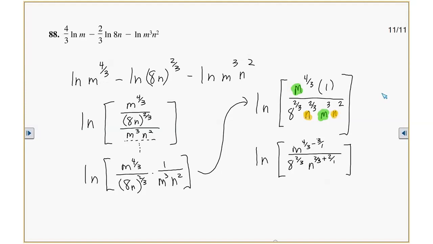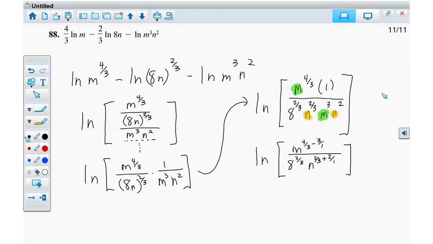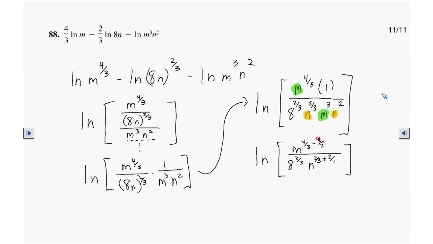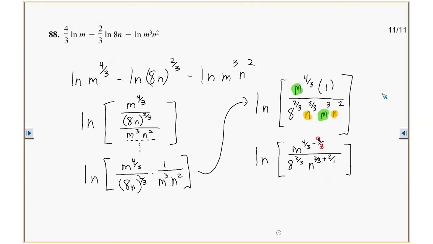And I'm going to take my handy dandy red marker, and I'm going to change that 3 over 1 into 9 over 3, because I've got to have a common denominator. And change that 2 over 1 into 6 over 3.